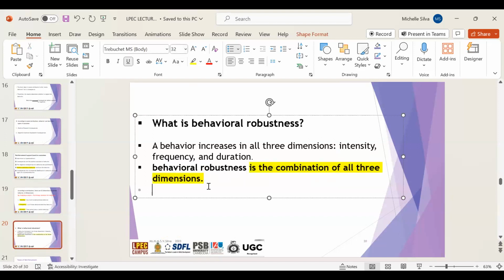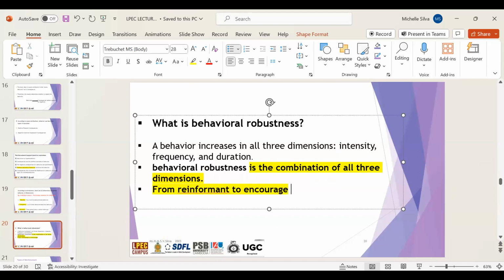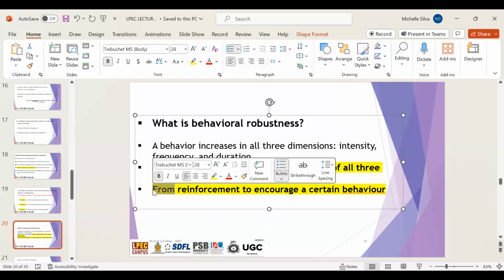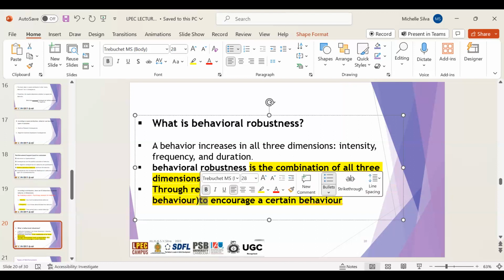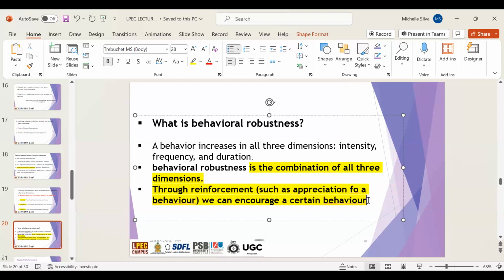So through reinforcement, such as appreciation of a behavior, we can encourage a certain behavior while increasing all three dimensions.